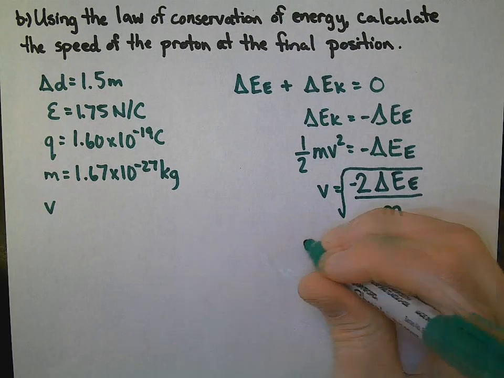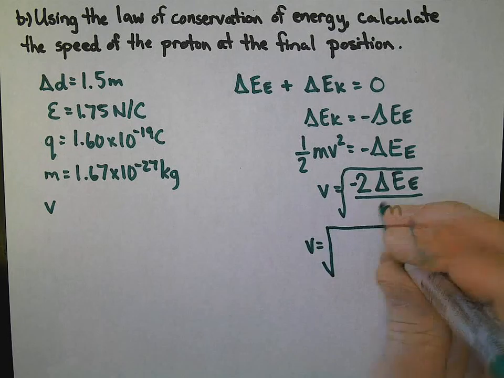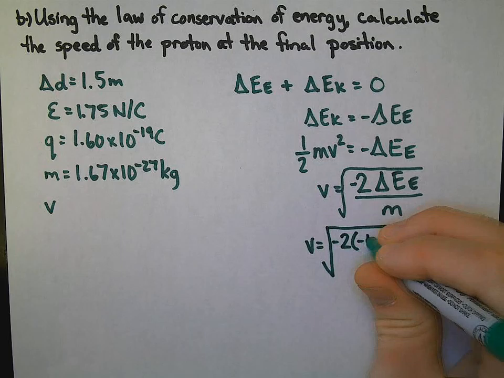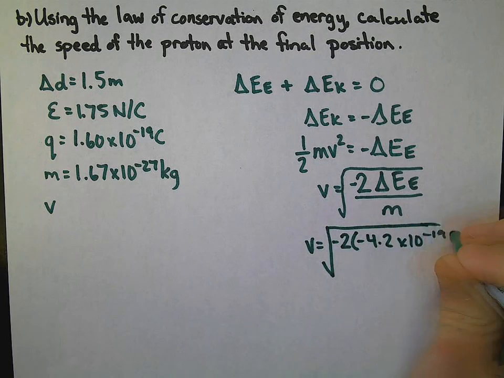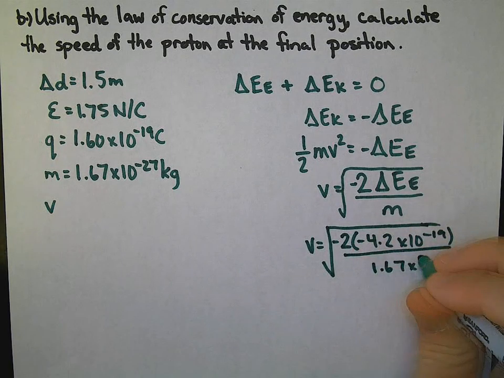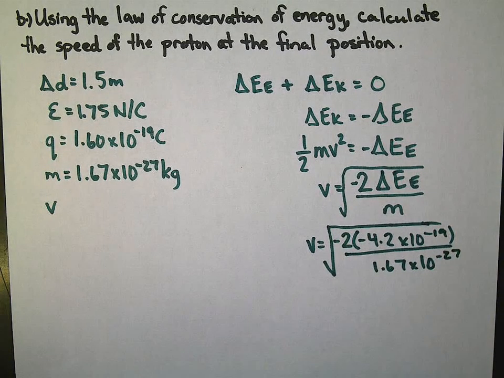So therefore, this will be the square root of negative 2 times negative 4.2 times 10 to the negative 19, all over the mass of 1.67 times 10 to the negative 27. And we need to calculate this right now, which I'm punching into my calculator quickly at the moment.